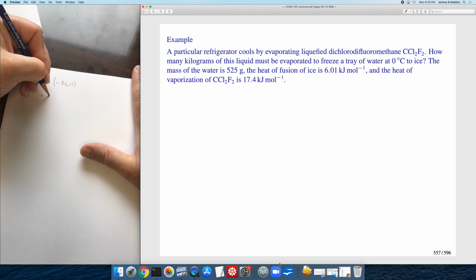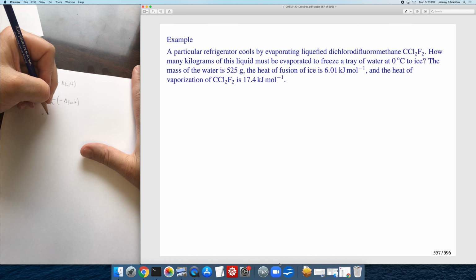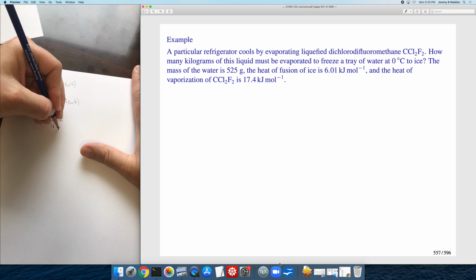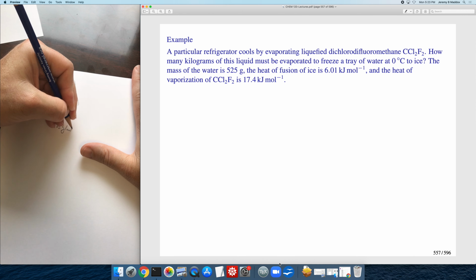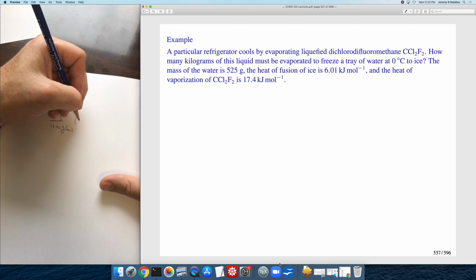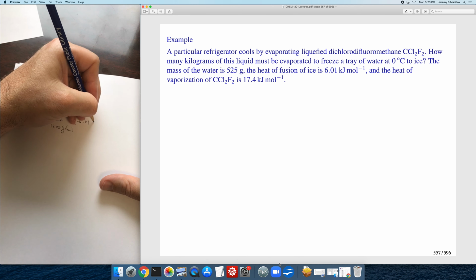So we've got the mass divided by the molar mass times minus the enthalpy of fusion. We've got 525 grams of water divided by 18.02 grams per mole, times negative 6.01 kilojoules per mole.